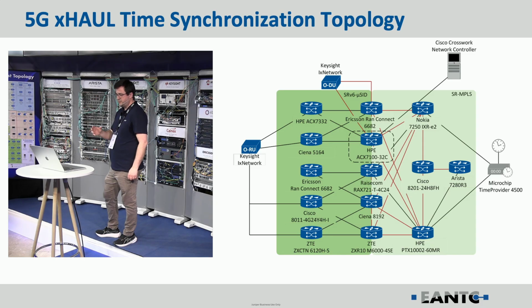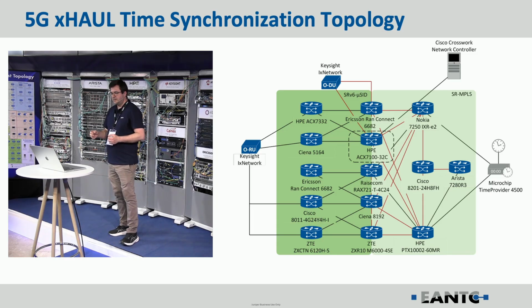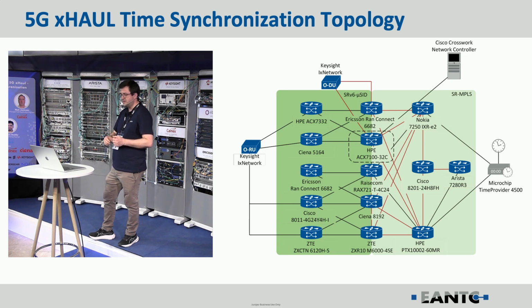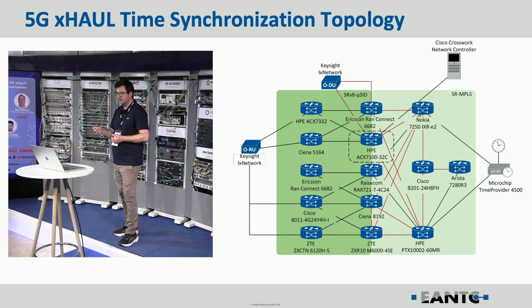But what we have put together here, and this is very much the same as the last one, is that we put together the core, aggregation, and access layer, simulating the 5G xHaul topology. All the devices here focus on enabling timing and synchronization in the network. So all the devices you see from the different vendors are running as boundary clocks.